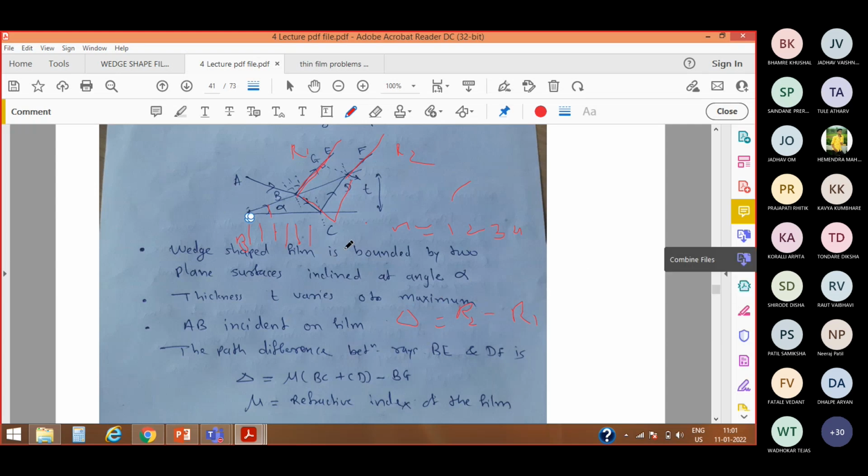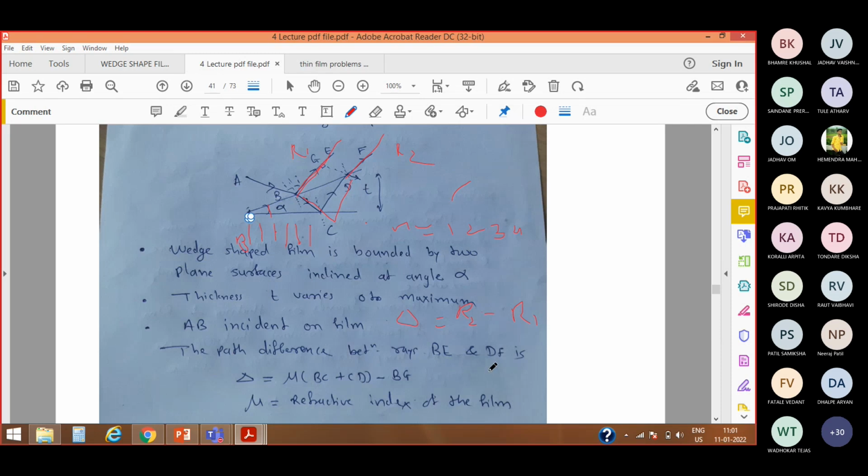The path taken by ray R2 in the film is mu into DC plus CD. Take the normal from point D on BE, so I get the point G. If I take the normal from point D on ray R1, I get the point G here.